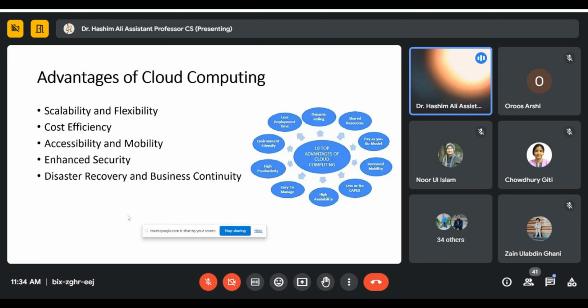Disaster recovery and business continuity. A robust disaster management, recovery and data protection capability is provided by cloud computing. Again, this is an advantage of using cloud computing, and it includes automated backups and redundant infrastructure, because if we are using the cloud infrastructure, we are not relying on a single resource.